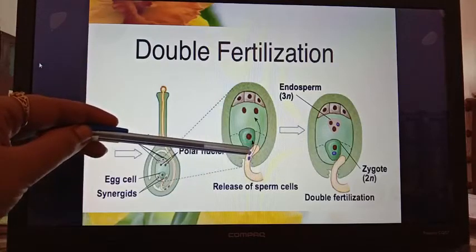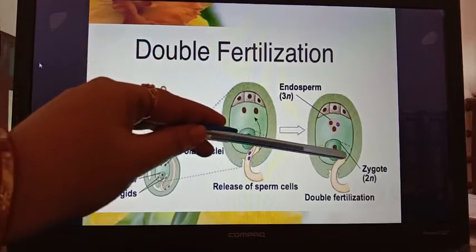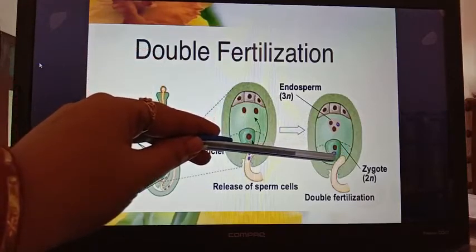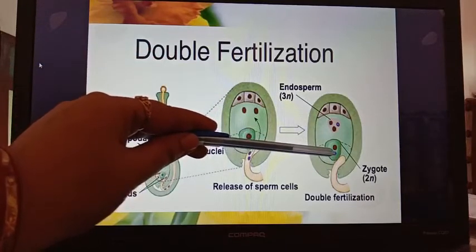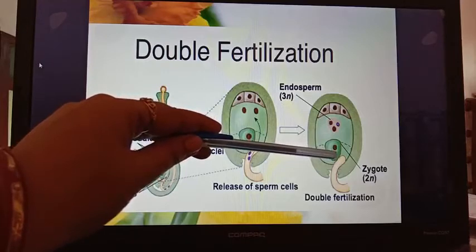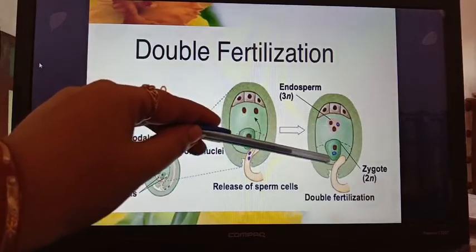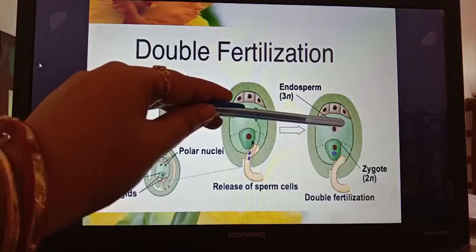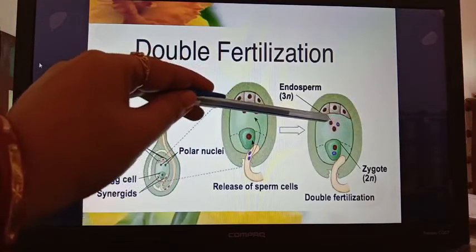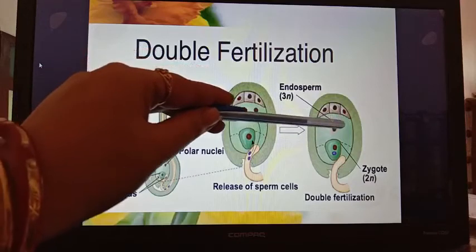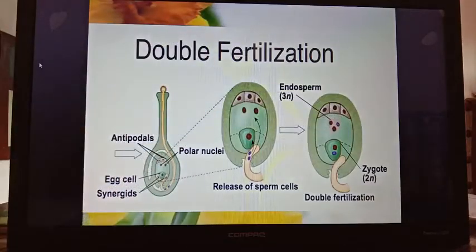One sperm cell fuses with the egg cell. Here you can see the purple colored nucleus, the male or sperm nucleus, fused with the egg cell producing the zygote, and the other goes to the central cell, fuses with the two polar nuclei and forms the endosperm.